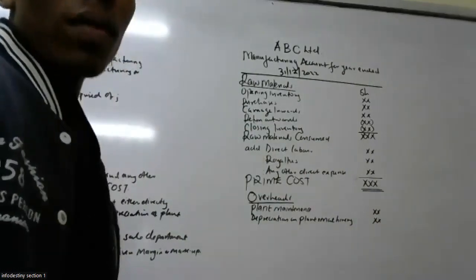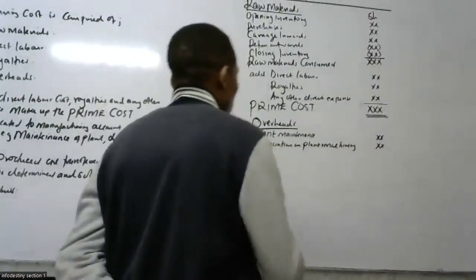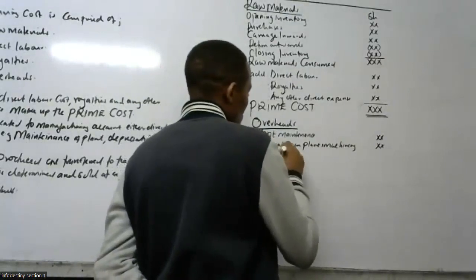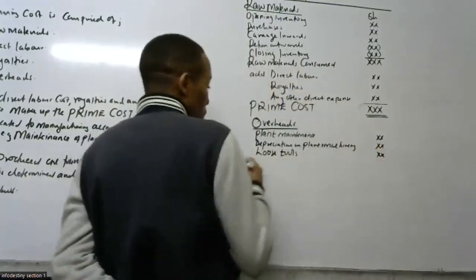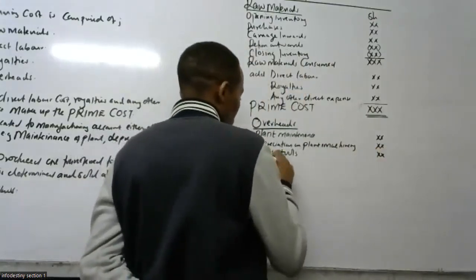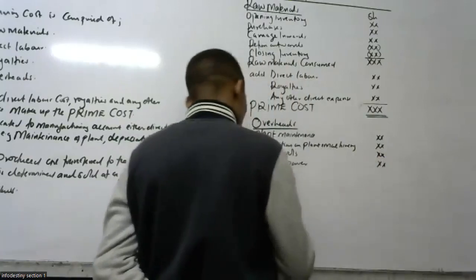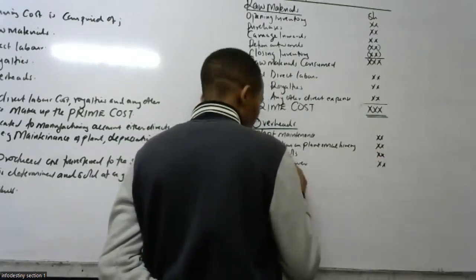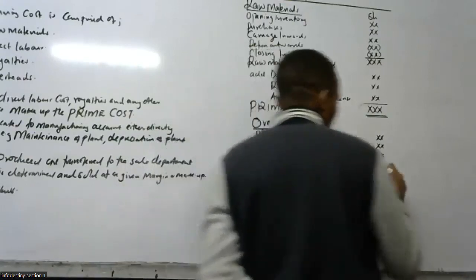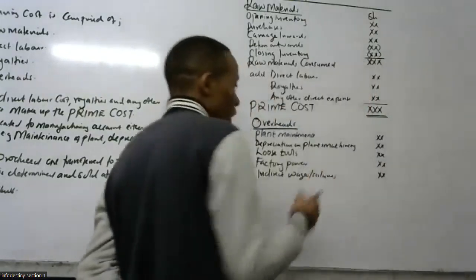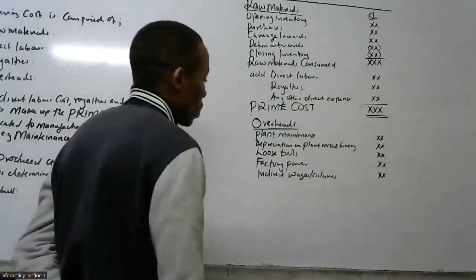There are things also known as loose tools; determine how much of them is utilized. We can also have factory power, and indirect wages or salaries.